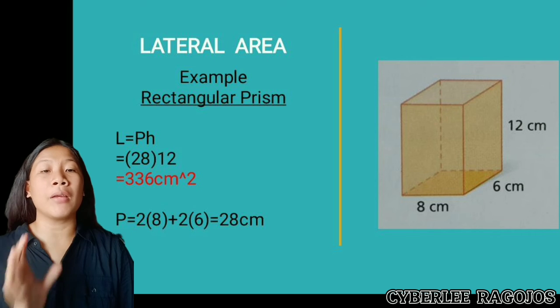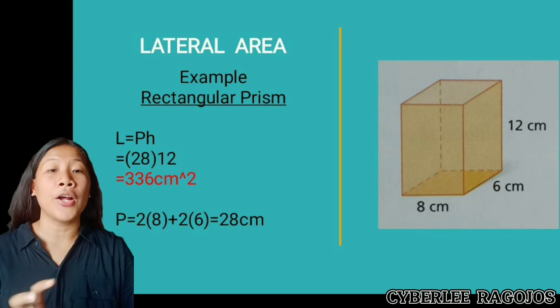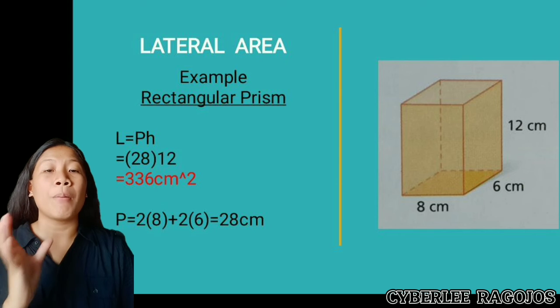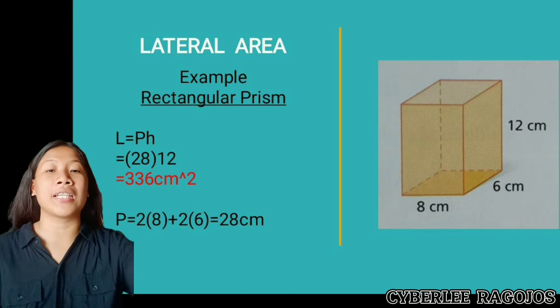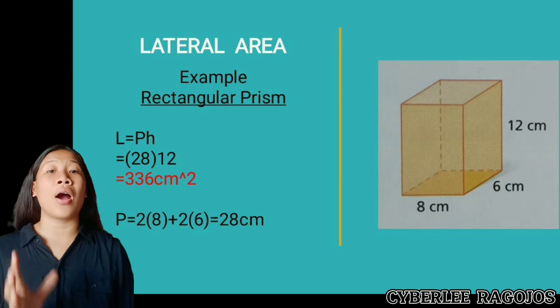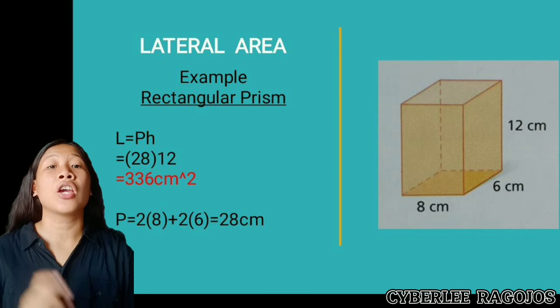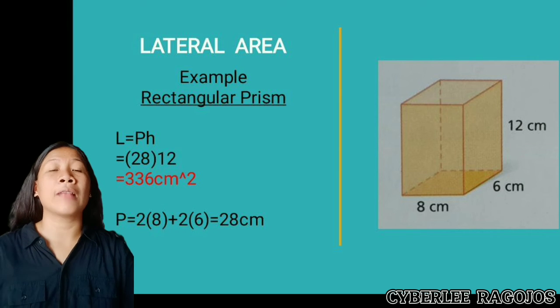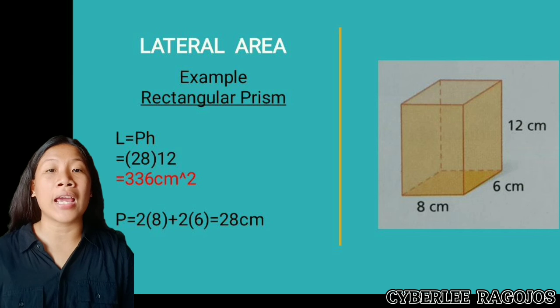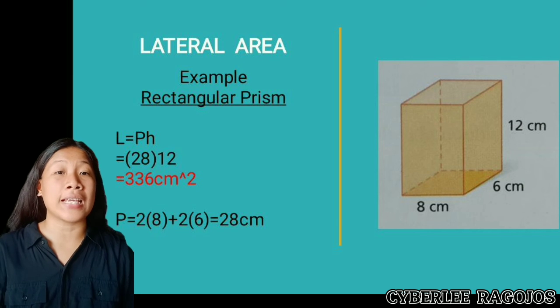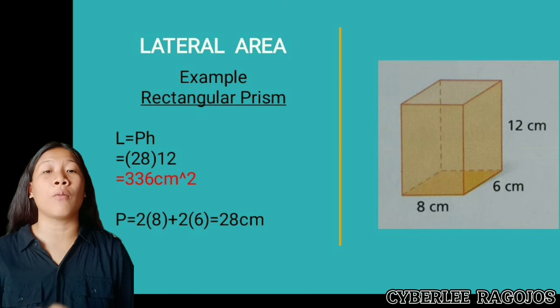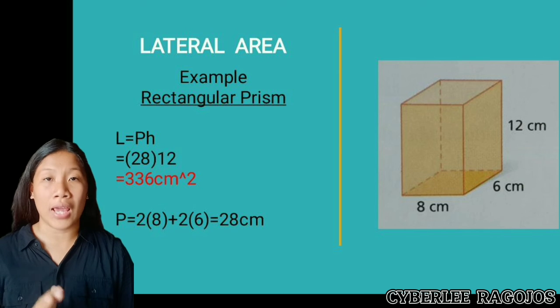So, ang perimeter of the base natin ay 28. So, paano nga ba nakuha yung 28 na yon? So, nakuha yung 28 cm kasi nga may dalawa siyang base which is yung 8 and 6. And be multiplied by 2 kasi in a side merong dalawa. Kaya 8 times 2 and 6 times 2 which is meron tayong perimeter of a base na 28 cm.